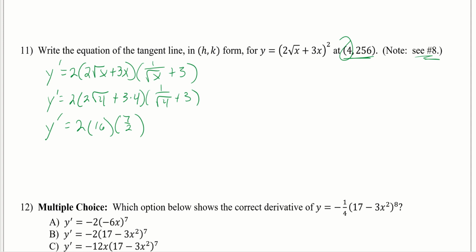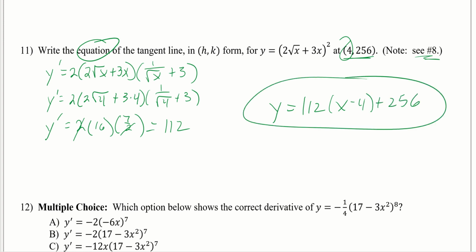Now the nice thing, this guy would cancel with this one, and it would leave you with a slope of 112. That is the slope of the tangent line, but it asks for the equation. So now we can set up the equation. y would equal 112, the slope, times x minus h, plus k. Ta-da!